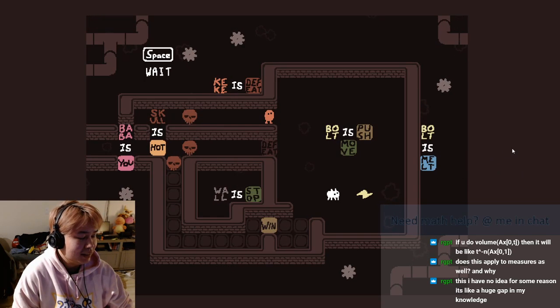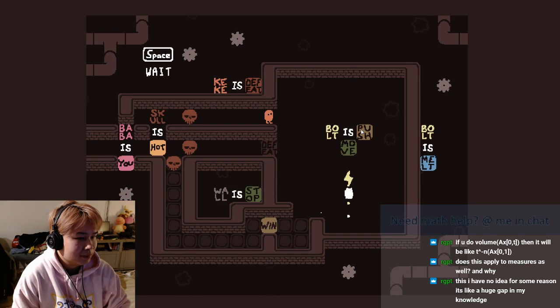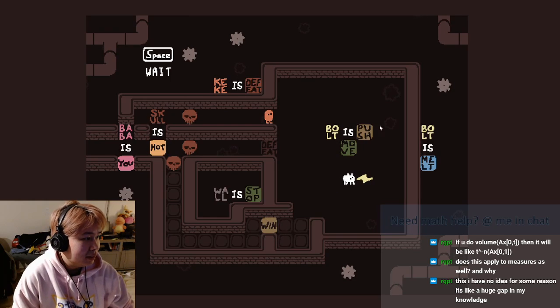However, I feel like this stage is difficult. So I can push the bolt around. The bolt will melt things. So, for example, it will melt the skull because the skull is hot.